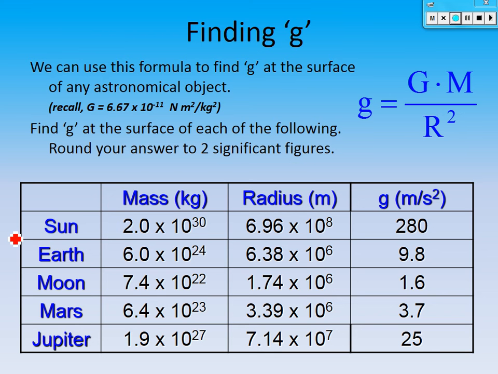And because the acceleration due to gravity is so much different, depending on where you're at, how far you will jump is drastically different as well. And so it's kind of interesting to see how that changes. But anyway, that's how we calculate the acceleration due to gravity.